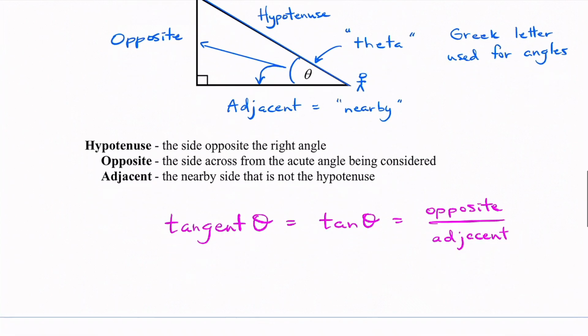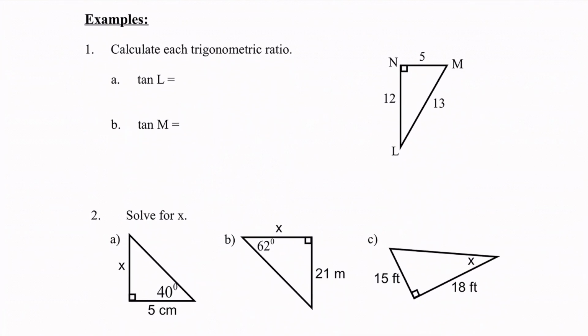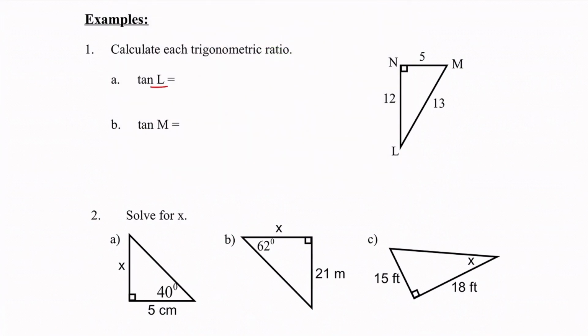Okay, so now we're going to actually get into doing some examples. In the first one here, it says calculate each trigonometric ratio, and we've got tan of L and tan of M. So in the first one, we're going to be standing at L, that's our angle. So pretend we are standing from here. And then we're going to label our sides. So tan, I know, is opposite over adjacent.